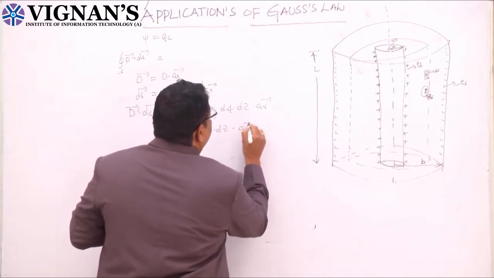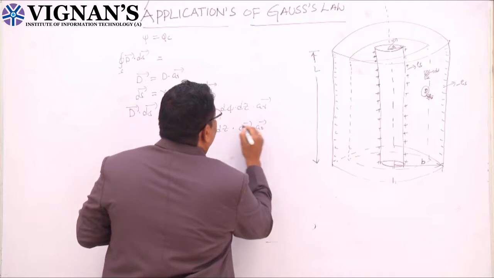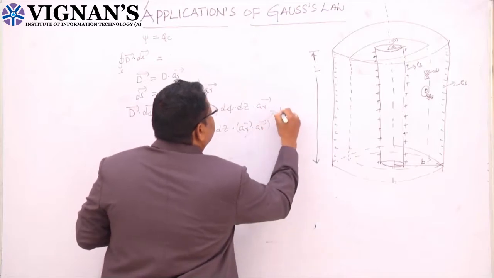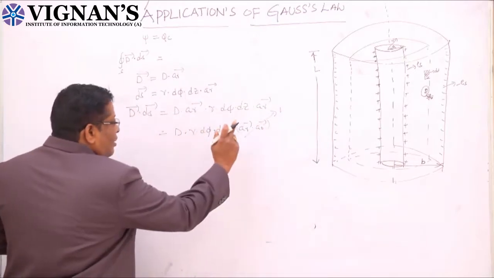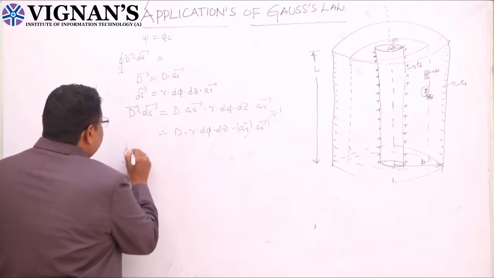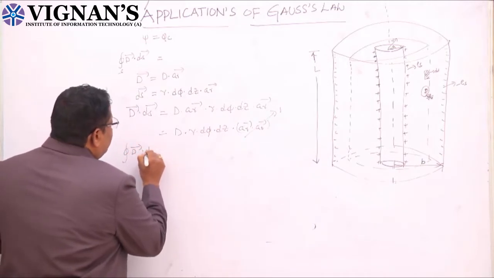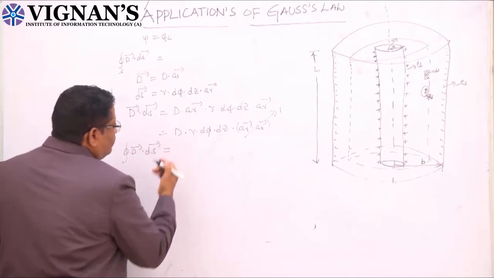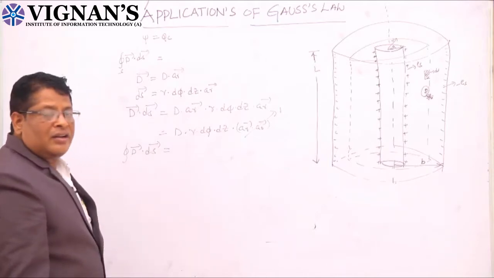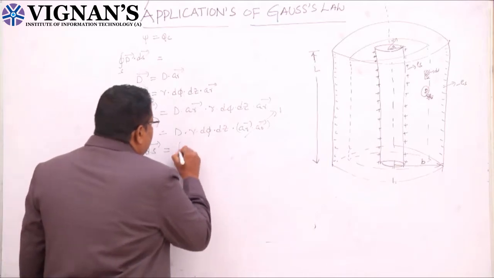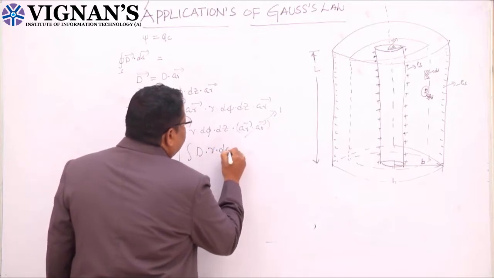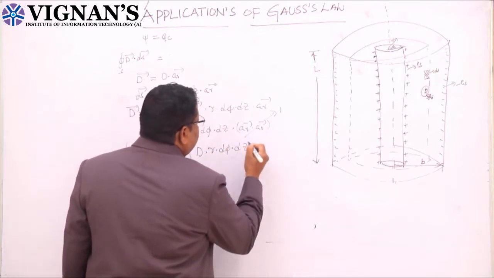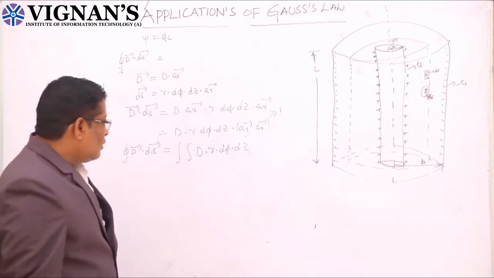Now take the surface integral on both sides: D bar dot dS bar equals the surface integral of D r d phi dz.